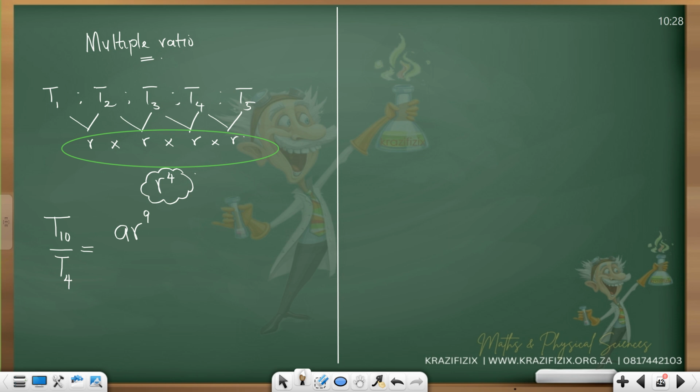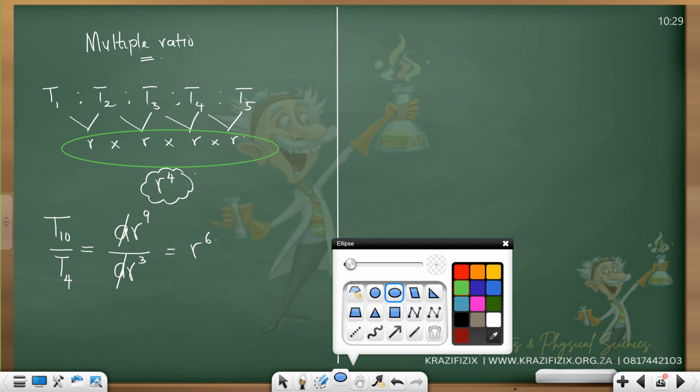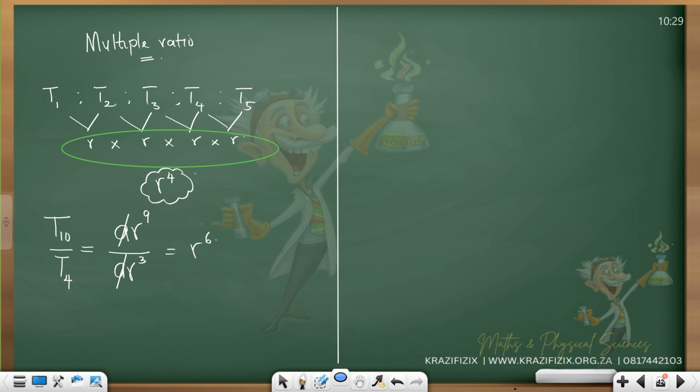N minus 1. All right? What about T4? A R to the power 3. Laws of exponent. What is 9 minus 3? Don't you see a relationship between the number 6, the number 10, and the number 4? That 10 minus 4 should give me 6. Can we make a conclusion?